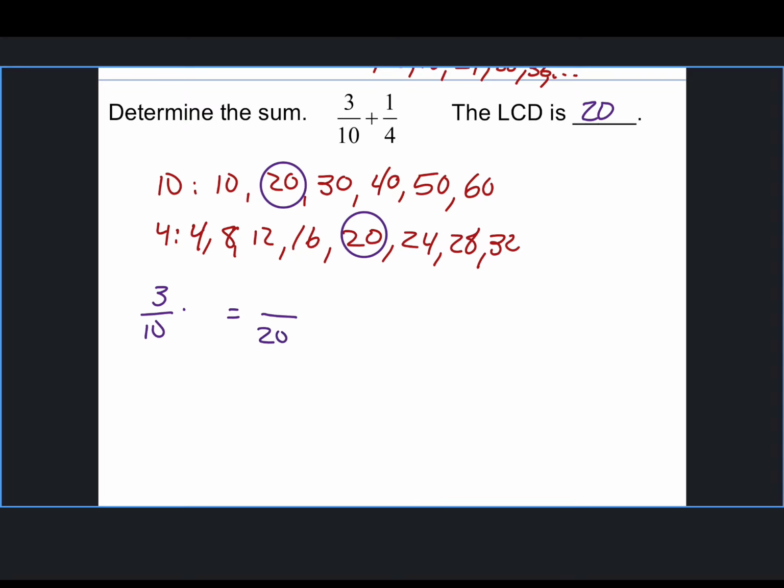This is the way we're going to set these up every time. What do we need to multiply 10 by to get 20? 2. So the thing we're going to multiply by is 2 over 2.